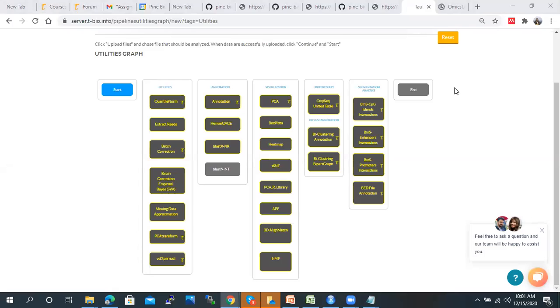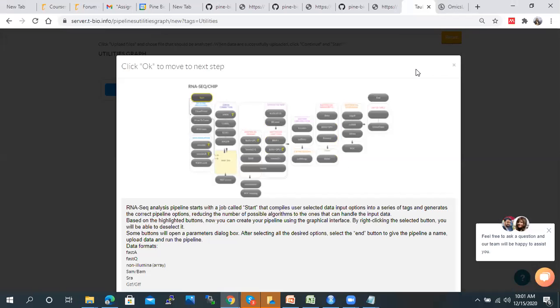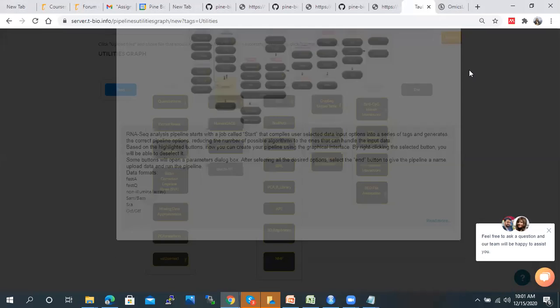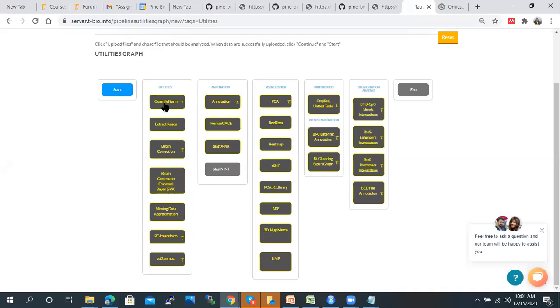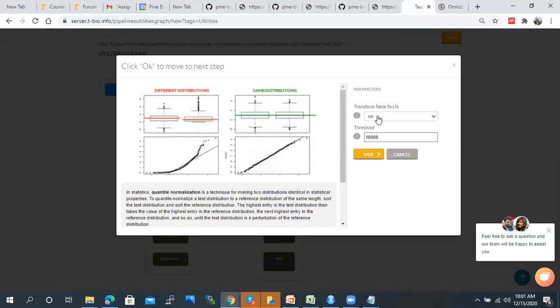Okay, so I'm repeating it. By clicking on start, we are going to perform quantile normalization. Here we first select transform table to ln, that is, yes, log scale transformation, as we have this FPKM data. If you have already log transformed values, in that case you don't need it.